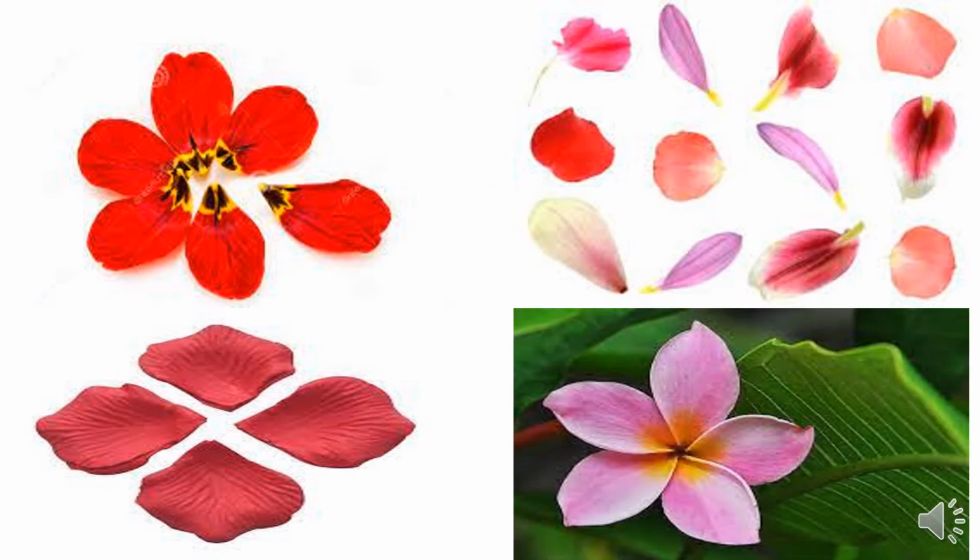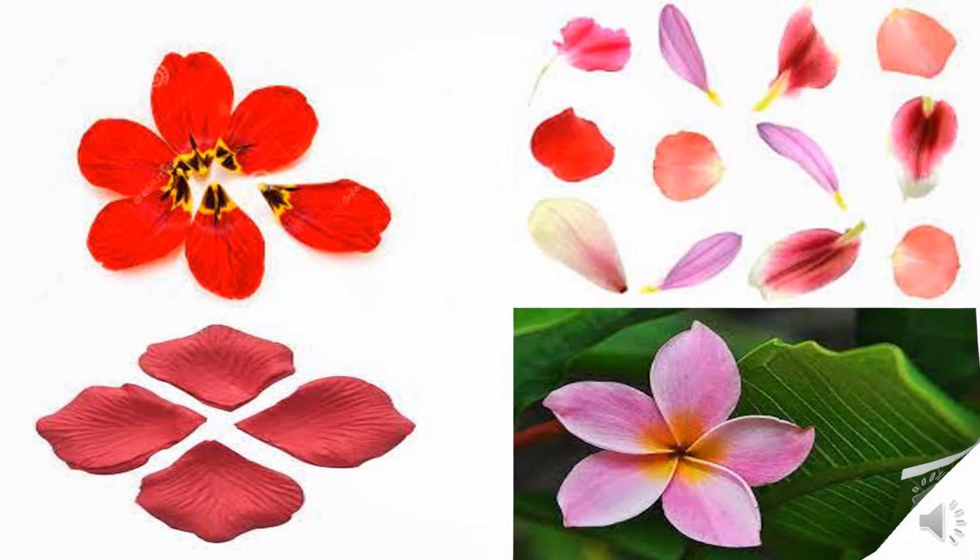Different beautiful pictures of the petals are visible on your screen, and the main function is that it protects the internal parts of the plant, and second, by their beautiful colors the pollinators are attracted. And if we combine all the petals, then corolla is formed.